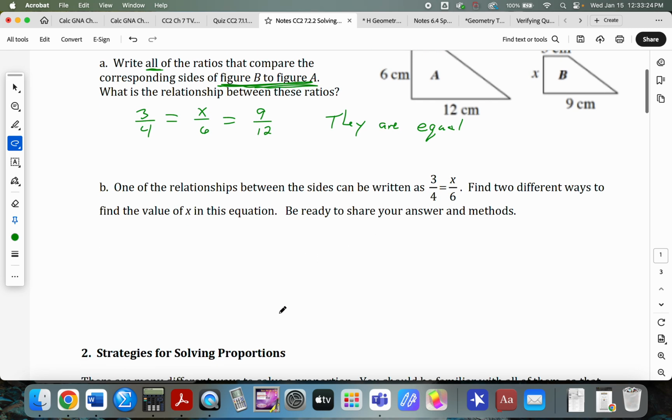All right, so one of them could be written as 3/4 equals x over 6. There are lots and lots and lots of ways to solve this.